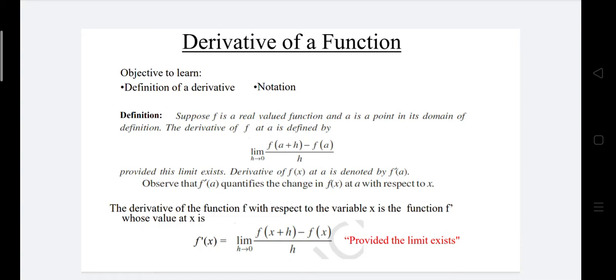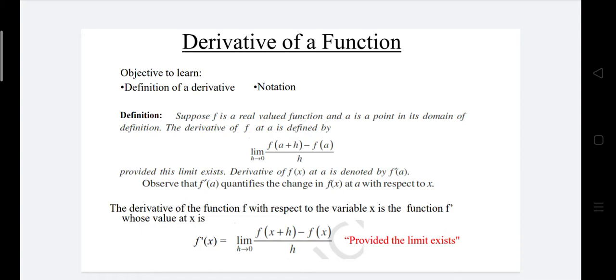Then come back to this formula. This formula is for the derivative at a certain point. If we generalize for a function f of x, we can write the derivative formula as f dash x equals the limit as h tends to 0 of f of x plus h minus f of x, divided by h. Here it is x plus h where before it was a plus h.